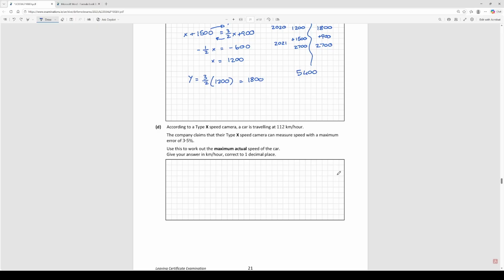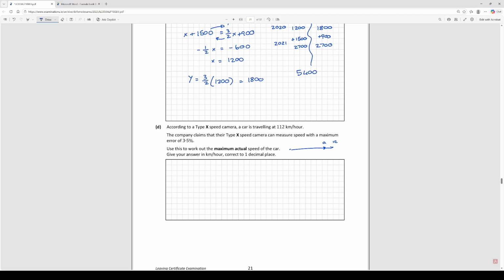Okay, all right. Let's assume, to be able to do this question, I might be mixing it up. Let's assume the car is going at a certain speed. Like it started at 0 and built up to a speed of, they've used X. So I'll say the speed that he's going is A, but then the camera, because it can add on an extra 3.5%, we'll say, counted it as 112.